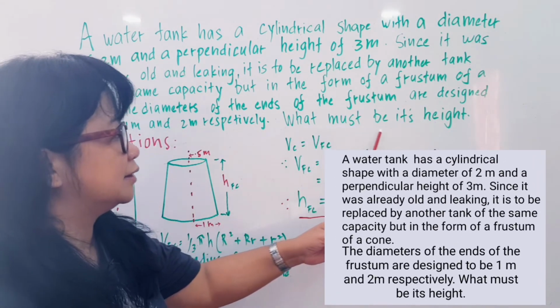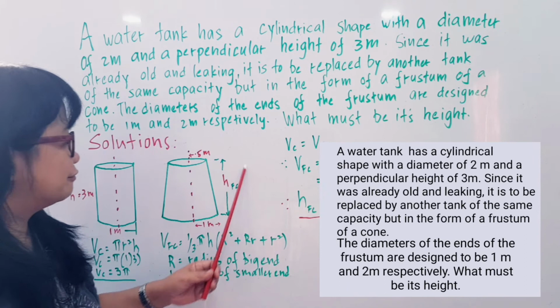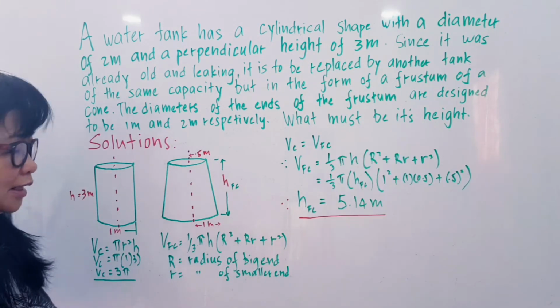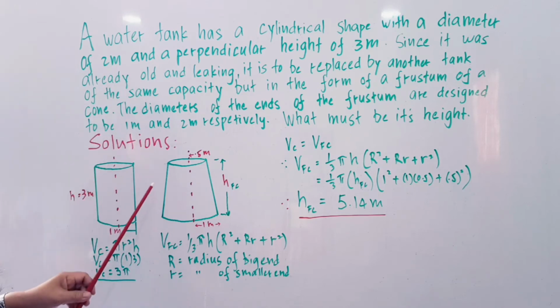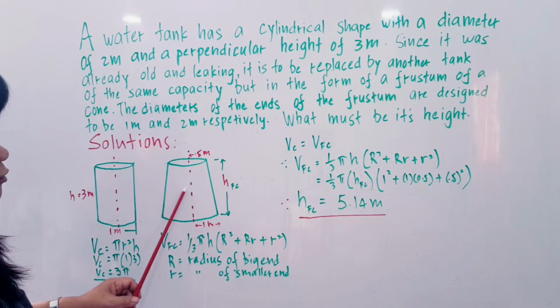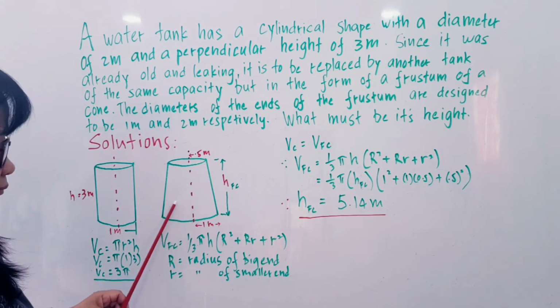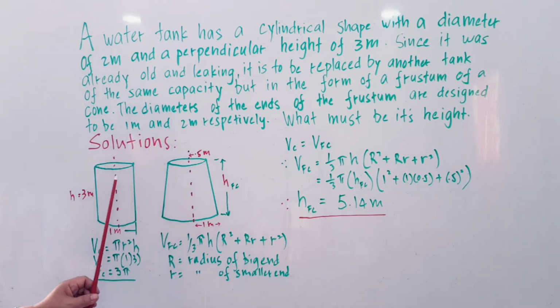Meaning, ang hinahanap natin dito is the height of the frustum of a cone. Ngayon, dahil sinasabi dito yung cylindrical tank dati, papalitan ng frustum of a cone na shape kasi luma na to, naglilik na yung tubig. Ngayon, ang cylindrical shape, meron siyang given na diameter.